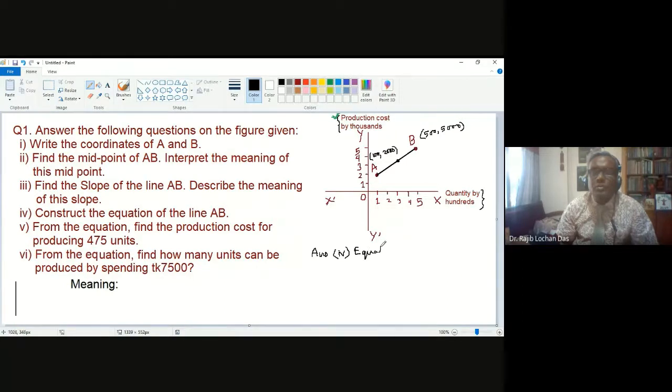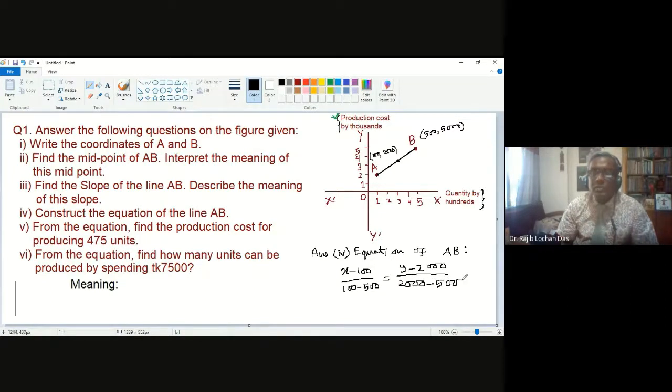Okay, so you will write the equation of AB. So how do you find the equation of AB? Sir, 2-point formula. x minus 100 divided by 100 minus 500, and then y minus 2000 divided by 2000 minus 5000.